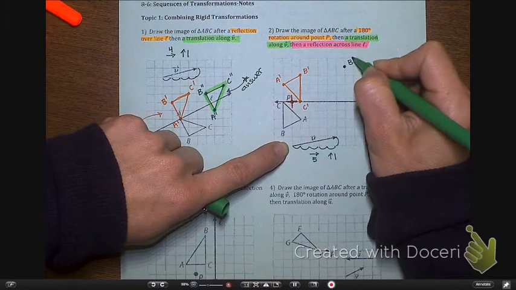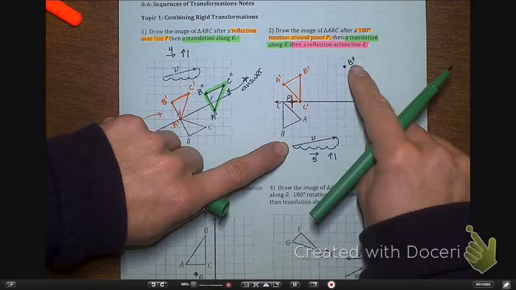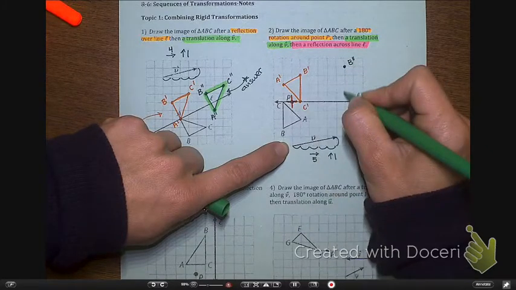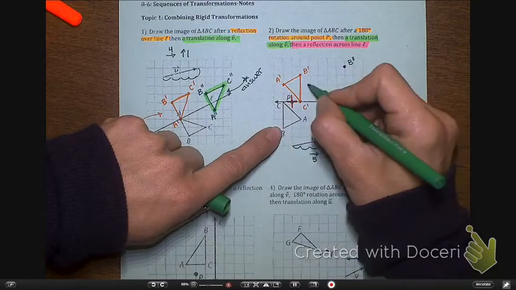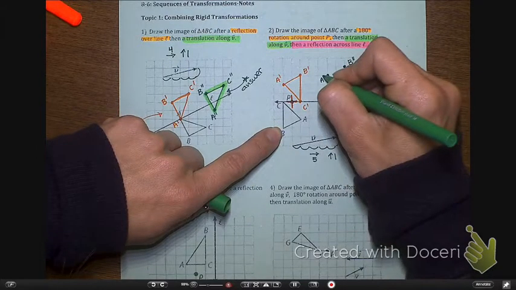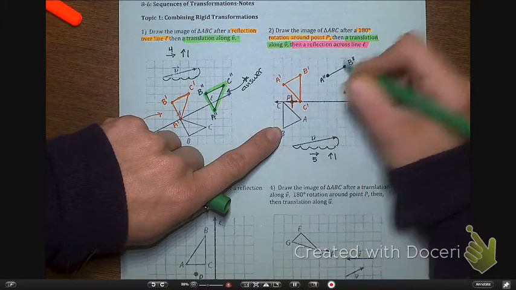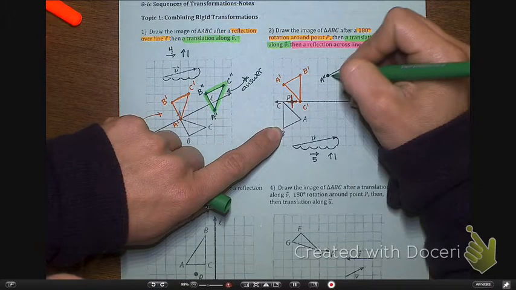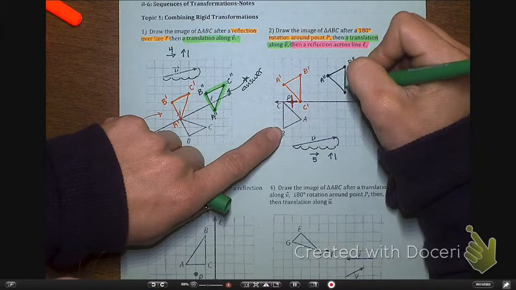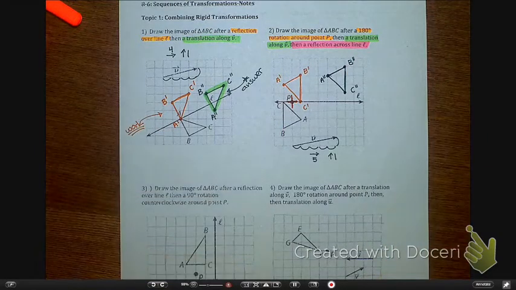Now that's where my double primes are going to go. Okay, so I've just done my second transformation.